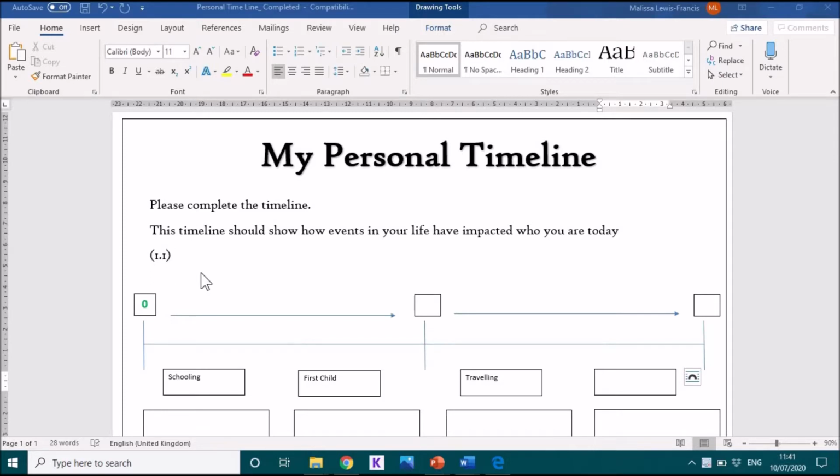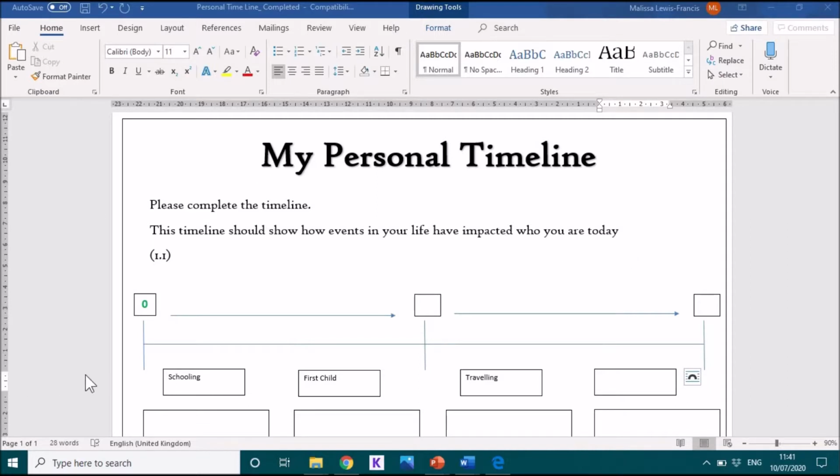How it works is, and I'll read it to you, it's asking that you please complete the timeline. It states that this timeline should show how events in your life have impacted who you are today. So it's critical, but it's also reflective, which is vital for your growth, that you look back in order to move forward.